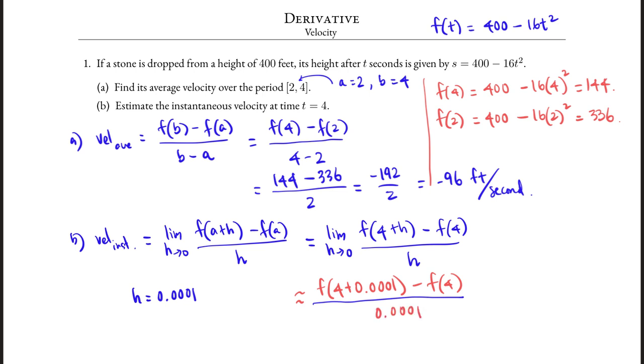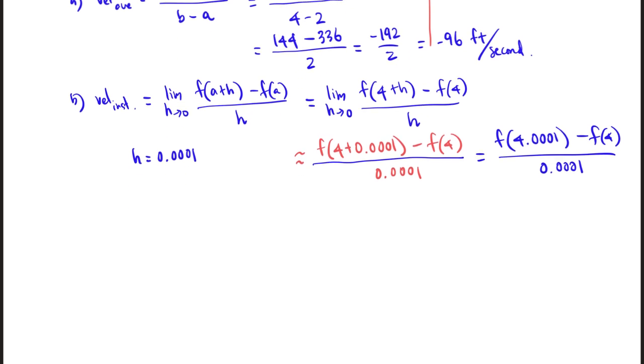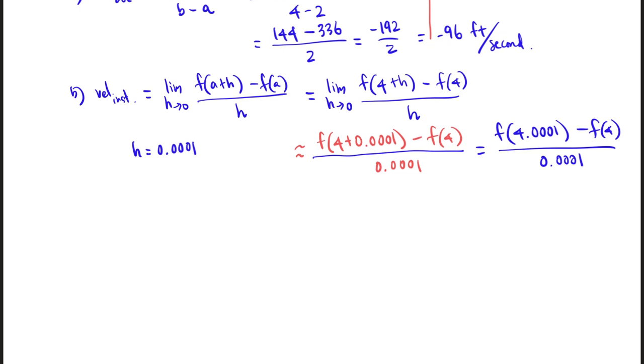This is an approximation to this limit, so we drop the limit notation. This is now f of 4.0001 minus f of 4 over 0.0001.